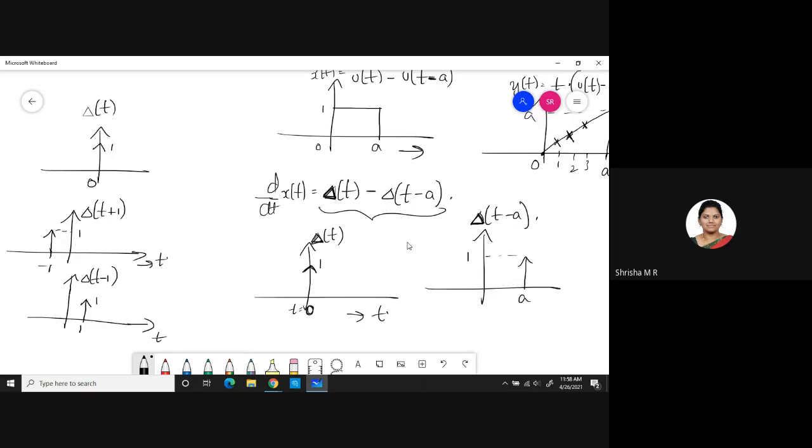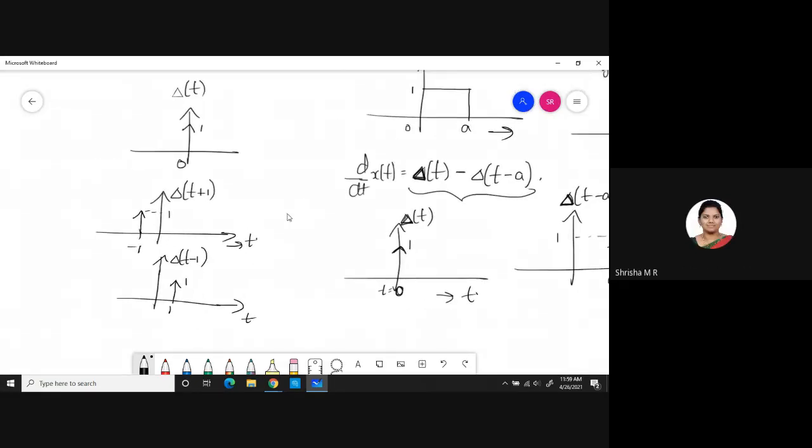Following or not? Yes, ma'am. So where will delta of t minus 3 be located? At +3, you'll have an amplitude of 1. Similarly, delta of t plus 6, where will it exist?